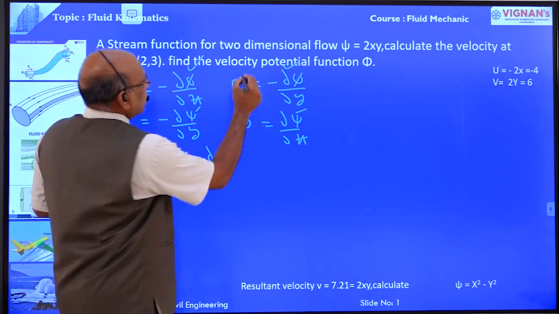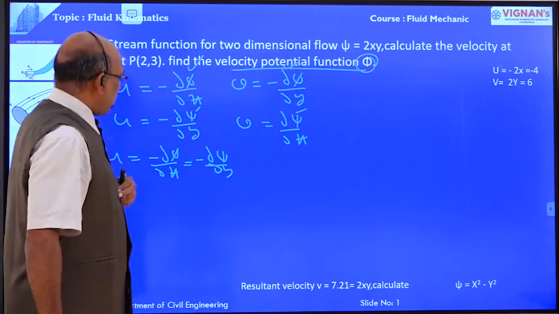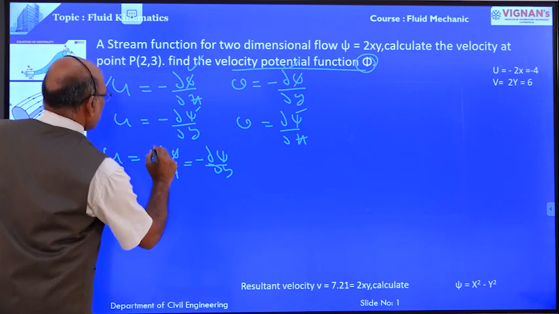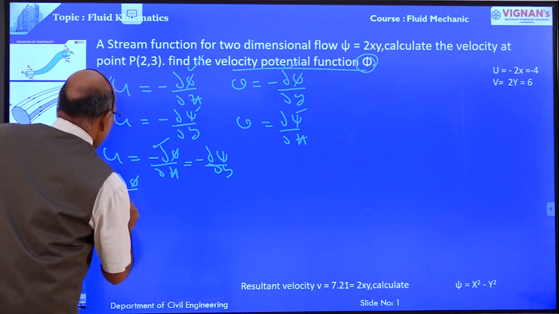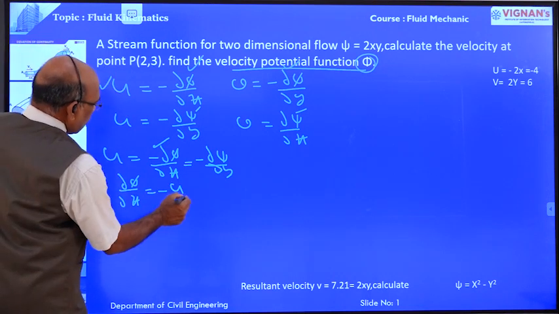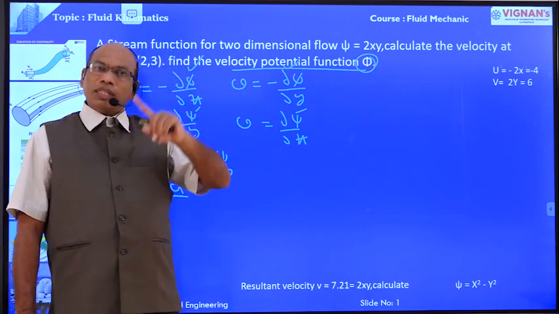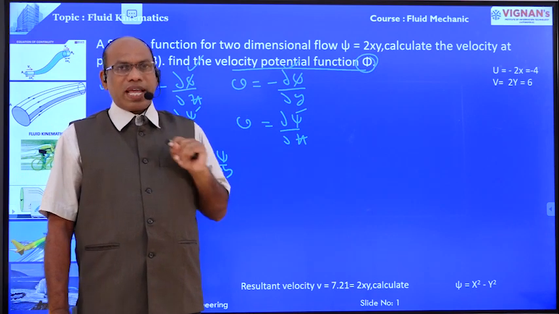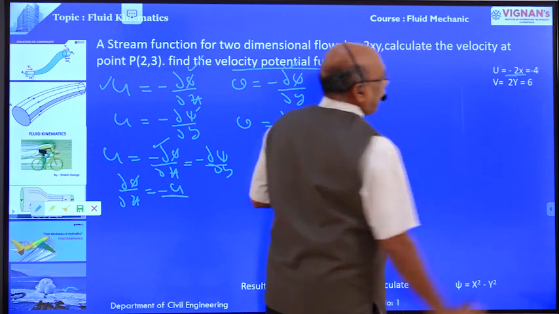Now we are going to determine the velocity potential function. Therefore we are going to take this value: dou phi by dou x is equal to minus u. u is the velocity component in x direction, that is already determined in the earlier slide. u is equal to minus 2x.